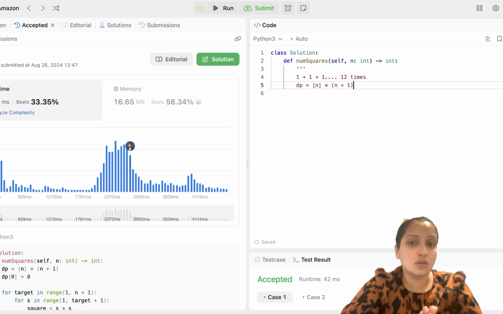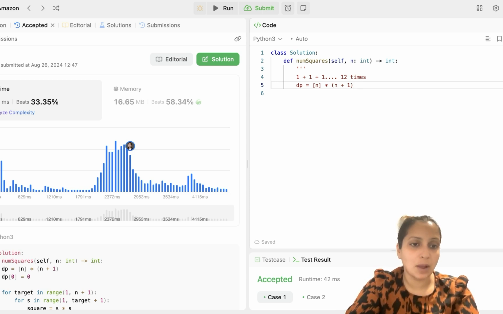So basically I'm assuming that the maximum case to get n, that is 12 here, is 1 plus 1 plus 1, 12 times. That's how I initialize my entire DP array with the value n, meaning it takes n perfect squares to sum up to reach n.